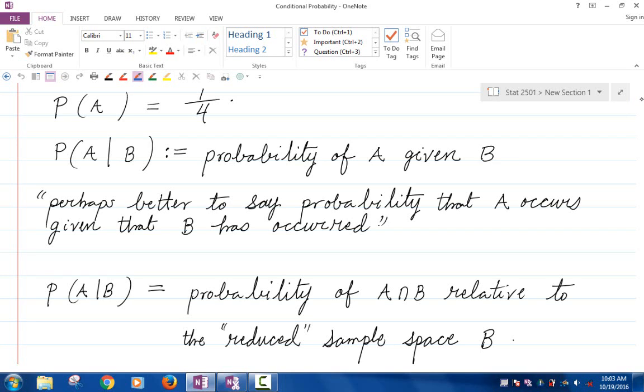So basically, whatever the underlying experiment is, if you carry that out, you are given the information that B has occurred, which means that the outcome is in B. So given that information, what's the probability that the outcome is also in A, right?